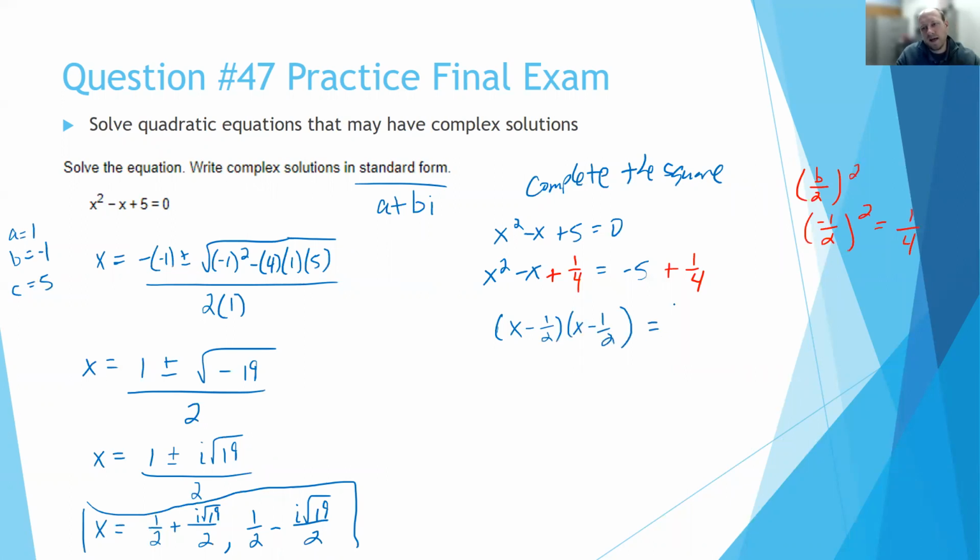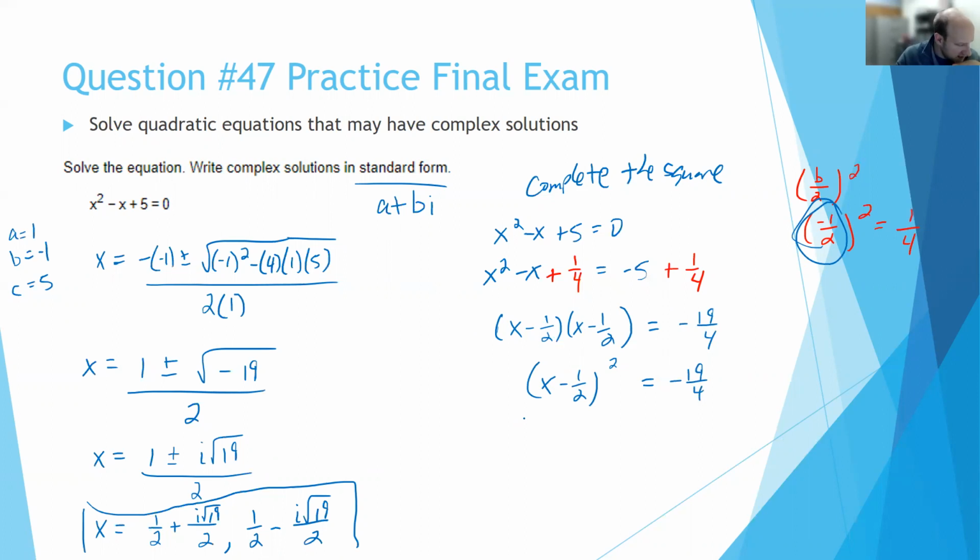How do I know it's a 1/2? Because actually this number is always this guy on the inside of the parentheses. That's a little trick there when you complete the square. But I can also write that as x minus 1/2 squared. -5 plus 1/4 is -19 over 4. You guys can check that on your calculator.